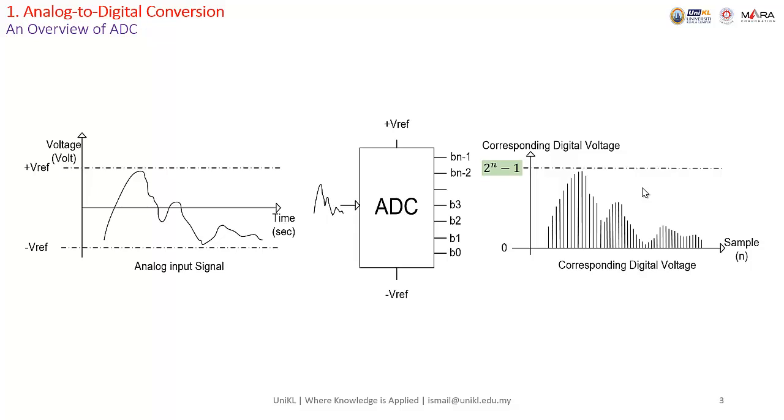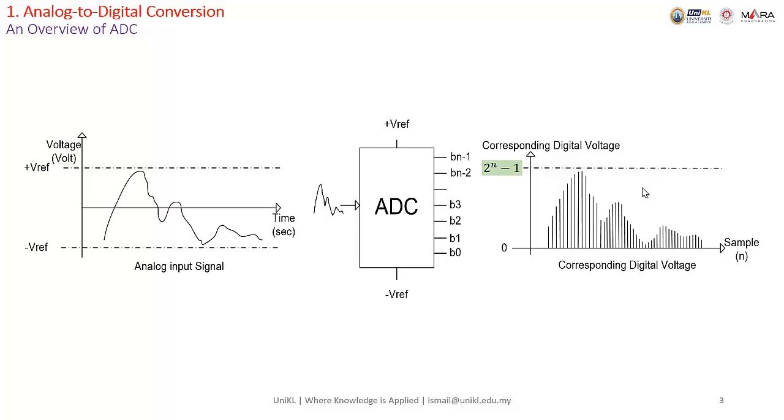Assume the voltage is at the middle between Vref negative and Vref positive. Say Vref negative is at 0 and Vref positive is at 5 volt.